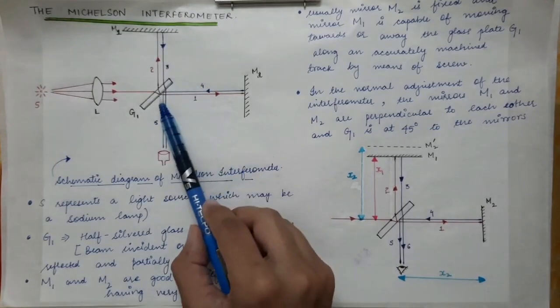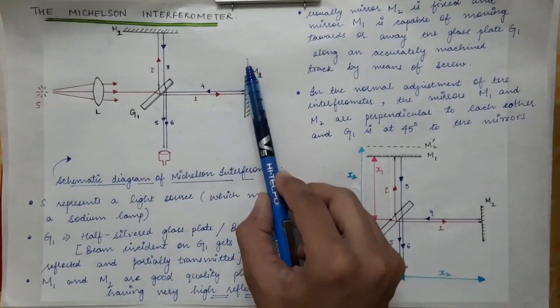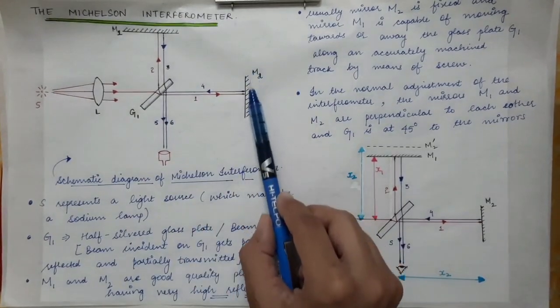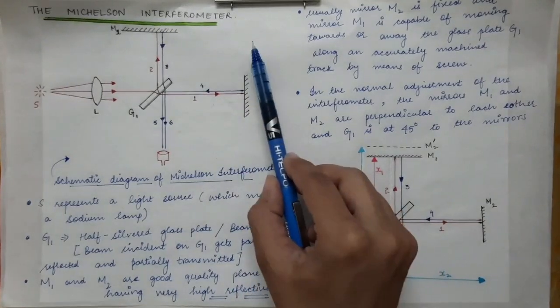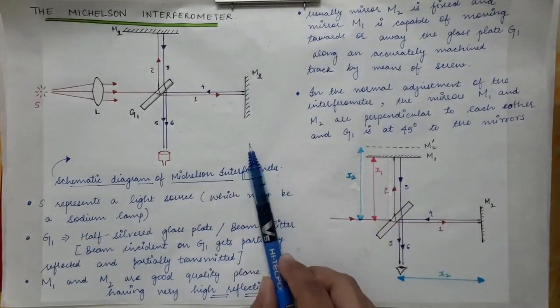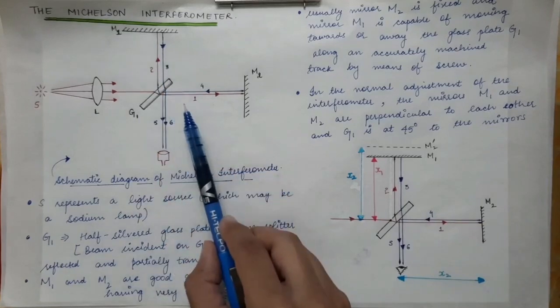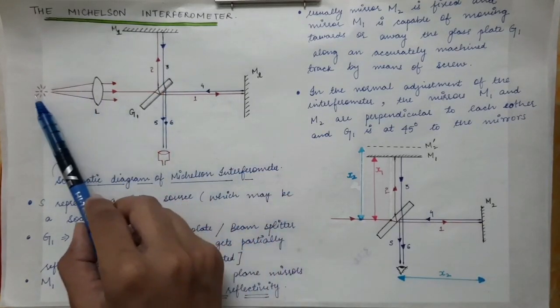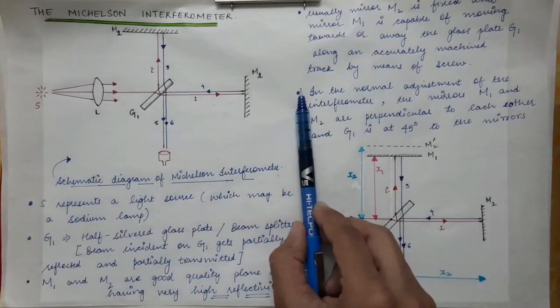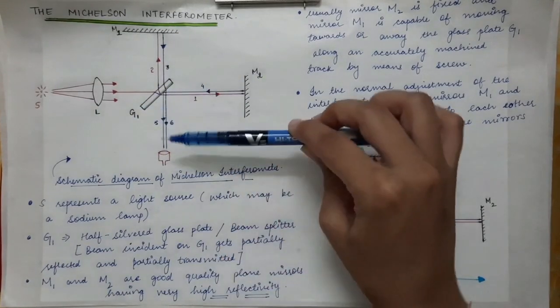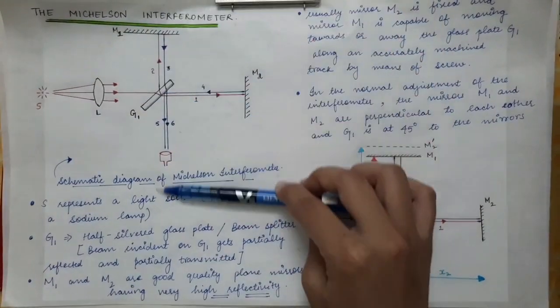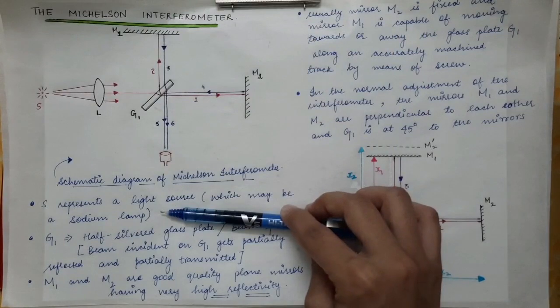Now when these light rays travel, after some distance, perfectly polished mirrors are placed perpendicular to the rays. This is one optical axis, and this is the other optical axis in this experiment.